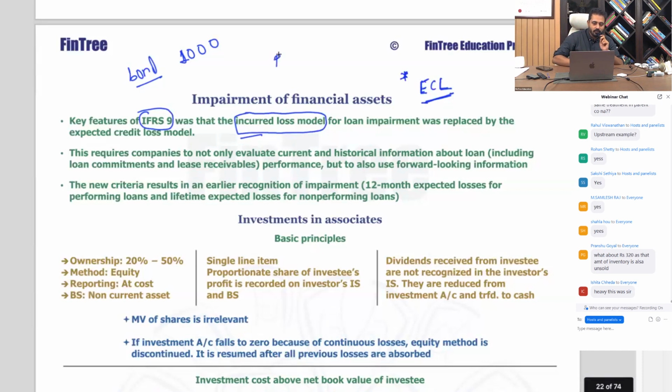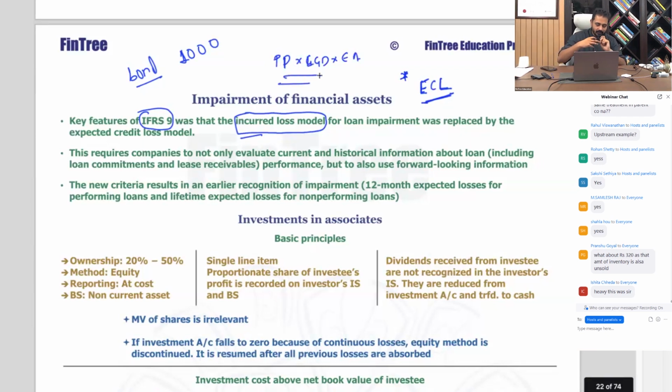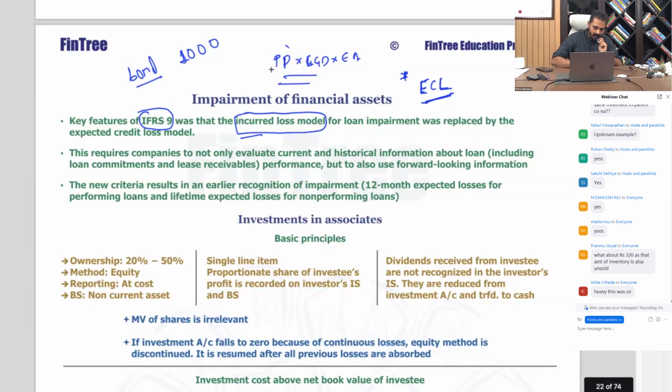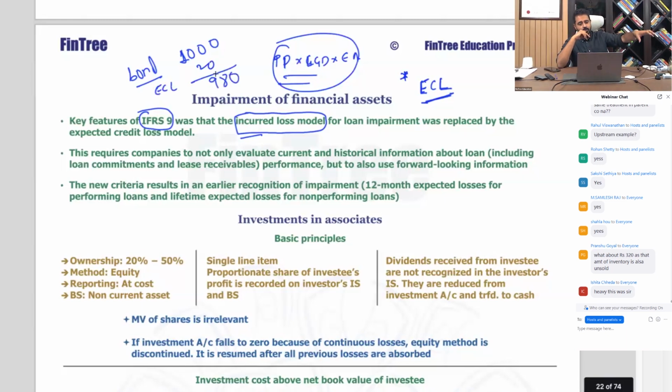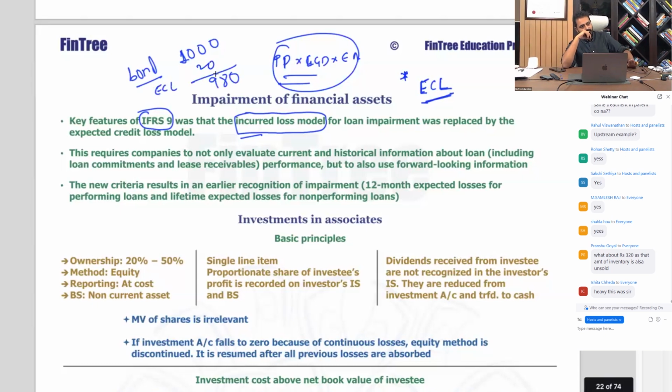So you have to do probability of default into loss given default into exposure amount. It's something from your fixed income. And you say, you know what, even though the company has not defaulted, my calculation is telling me that my expected credit losses are 20. So I'm going to recognize this bond at 980. That 20 I'm going to show as a loss on the income statement, even though the default has not happened. But it works a little bit like that provisioning system.